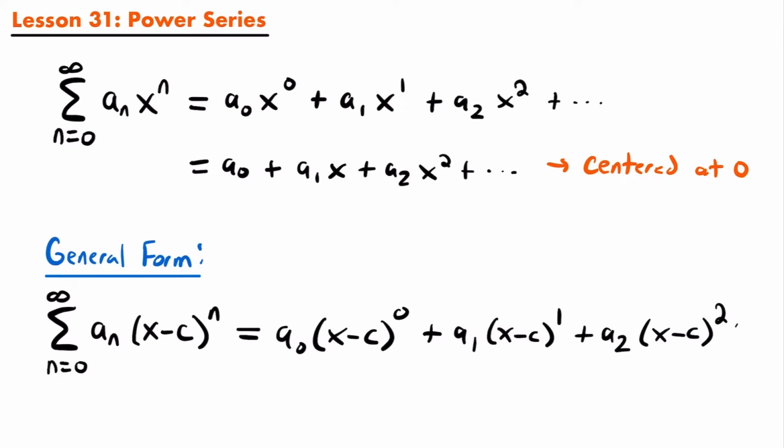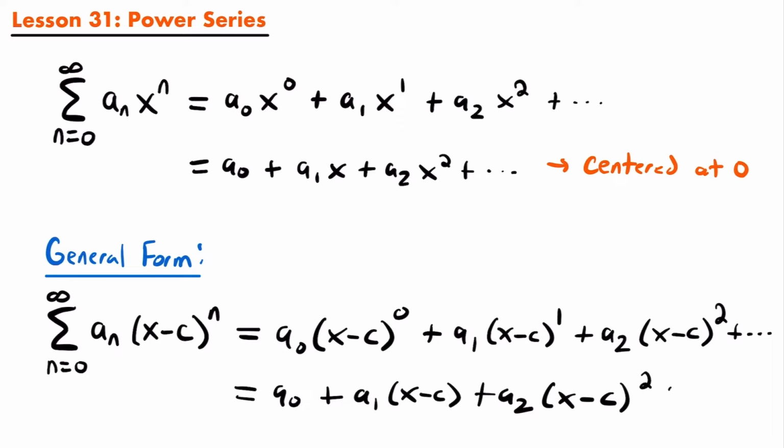We could continue to add more terms from there. If we were to simplify, anything to the power of 0 will be 1, so we have a sub 0 times 1. And so this is equal to a sub 0 plus a sub 1 times x minus c to the first power plus a sub 2 times x minus c squared, and so on.